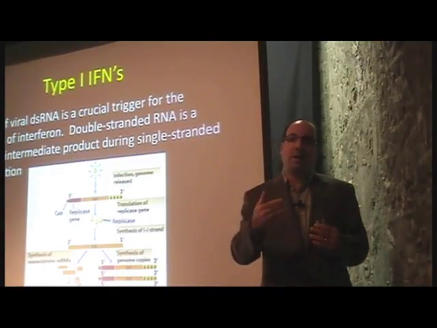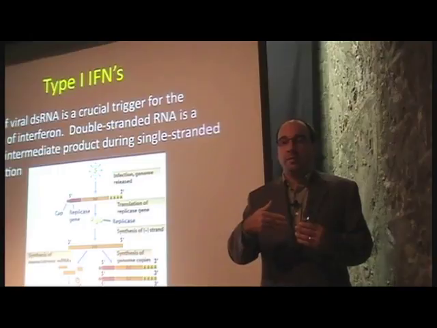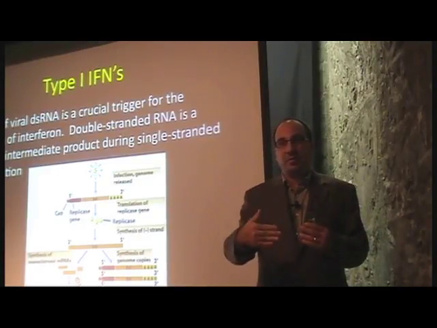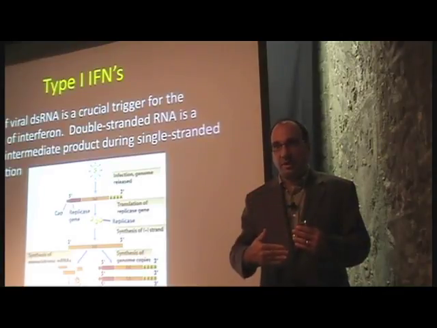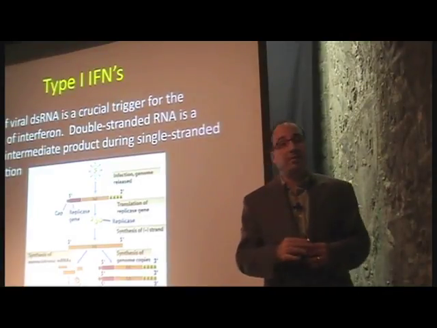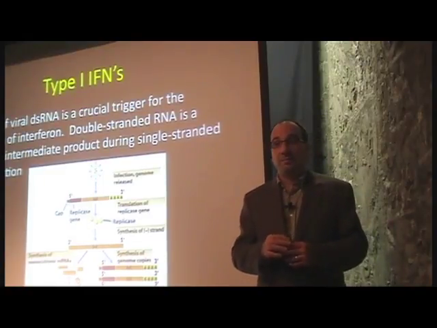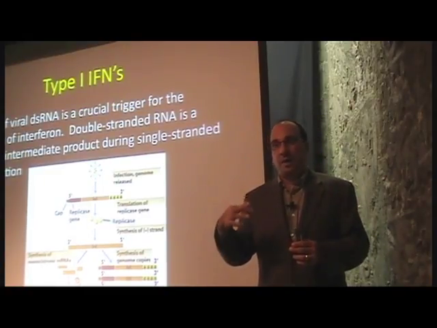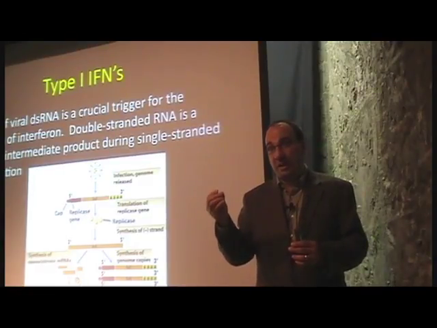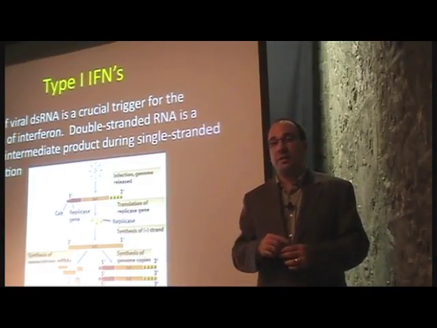So to replicate a positive sense genome, you need to make an intermediate molecule, a negative sense strand. So you have a positive sense strand used as a template to make negative sense strand, which is used as a template to make more genomic copies of the positive sense RNA. Because you have both positive and negative sense RNA within the cell, it can hybridize together to form double-stranded RNA.